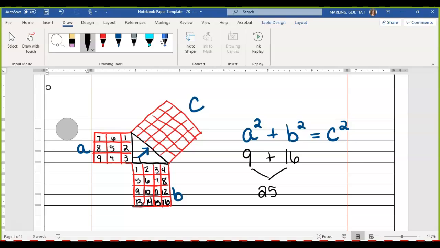How many boxes, if I know the square of A plus the square of B should equal that square of C, how many boxes better we have? 25. Let's count them and make sure.